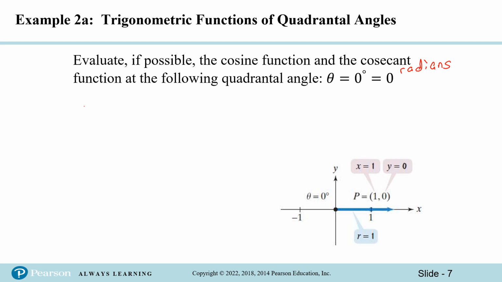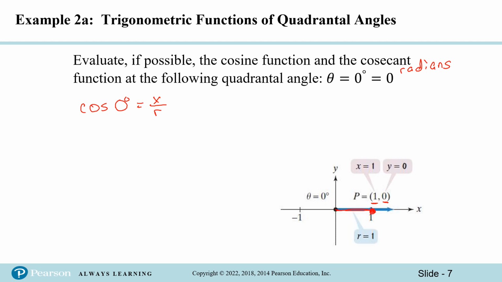All right, so we know the cosine of 0 degrees is going to be x over r. Well, this is my x, right? This is my y. So we're at the point 1, 0.